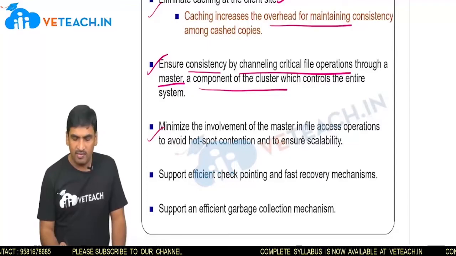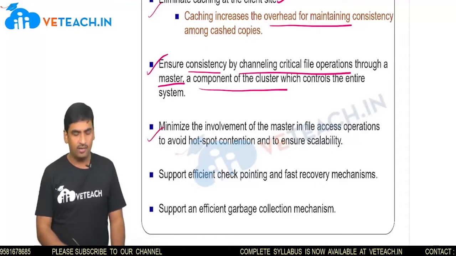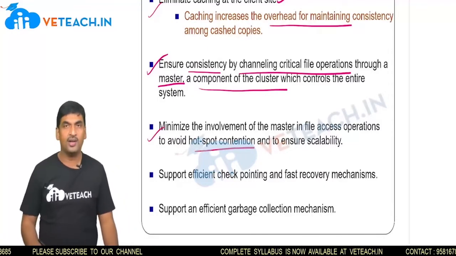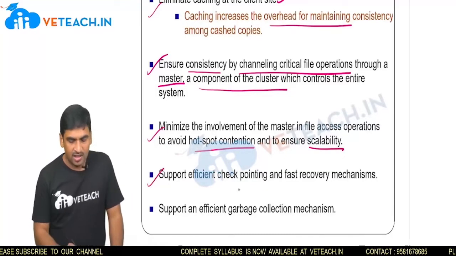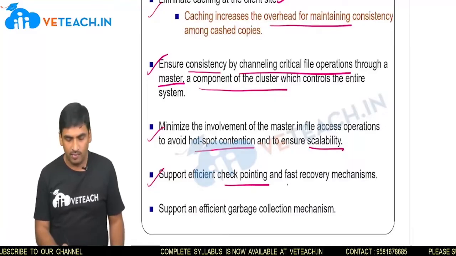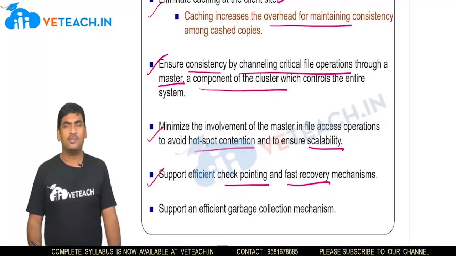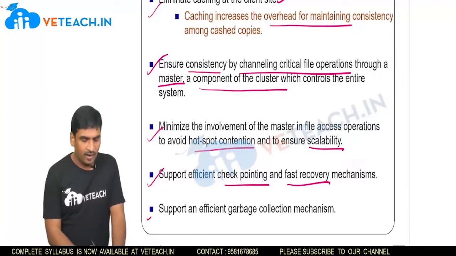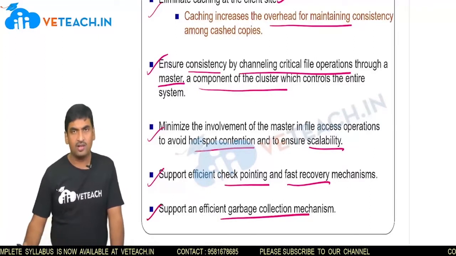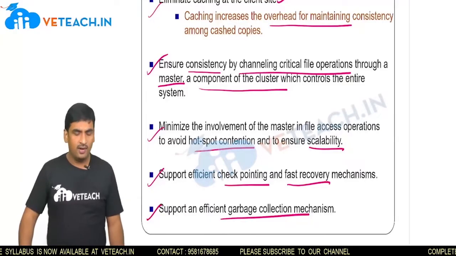The importance of the master in file access operations is minimized to avoid hotspot contention and to ensure scalability. The system supports efficient checkpointing and a fast recovery mechanism to ensure data recovery and reliability. An efficient garbage collection mechanism is also taken into consideration in the design.